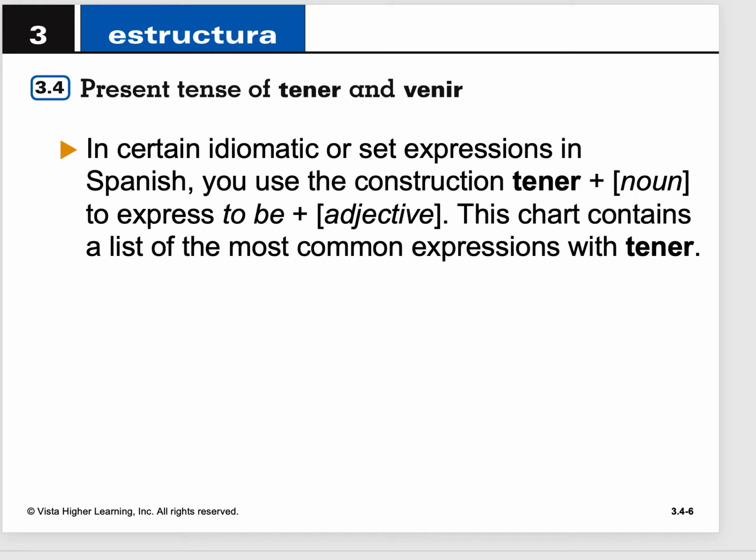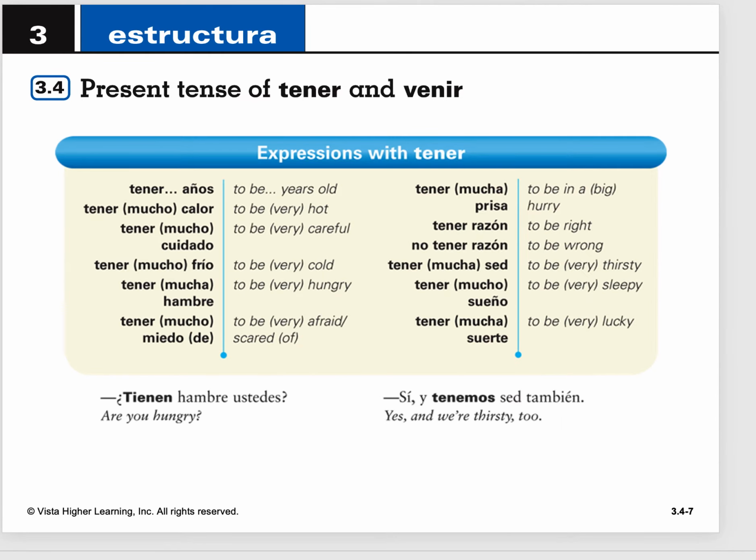In certain idiomatic or set expressions in Spanish, we say tener plus a noun that is going to express to be something. This chart contains a list of the most common expressions with tener. So things like to be so old, to be hot, to be careful, to be cold, to be hungry. So tener, when we're adding to those pieces, is going to do that.